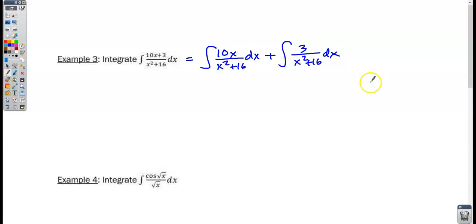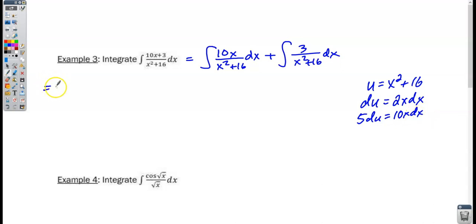For the first one, I'm going to use u equals x squared plus 16, which makes du equal to 2x dx, and so 5 du is equal to 10x dx. So this first integral turns into the integral of 5 du over u. So that's not too bad. For the second one, I recognize that this is an inverse tangent kind of format.